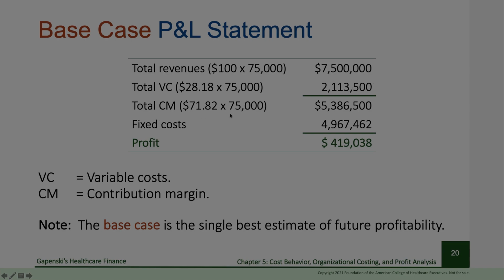The total contribution margin is the difference of these two: the revenues minus total variable cost gives you what is called a contribution margin. The total contribution margin is $5.3 million, which is $71 multiplied by 75,000, and then the fixed cost is $4.9 million that we saw.